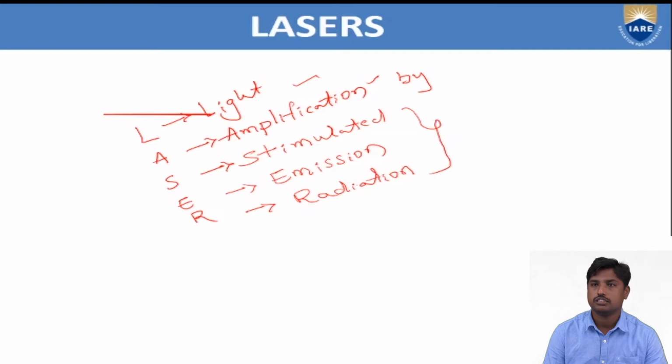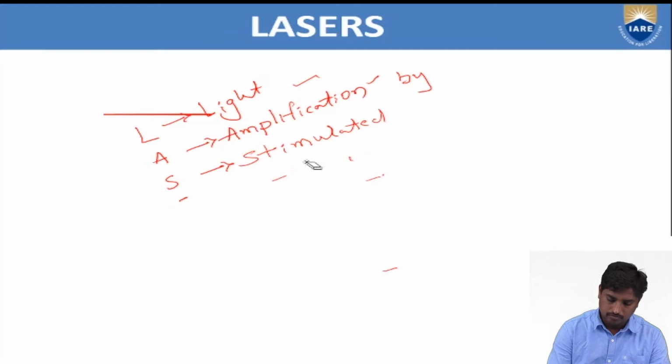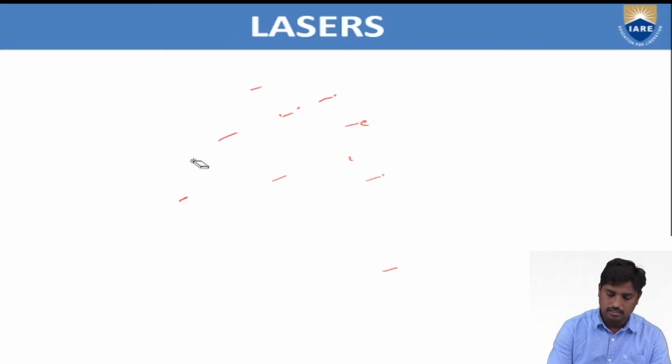Before going to discuss the basics of the laser, we have to know about radiation. What is radiation? We all know about the atom. The atom is in the shape of a sphere. The center part of the atom is called the nucleus.